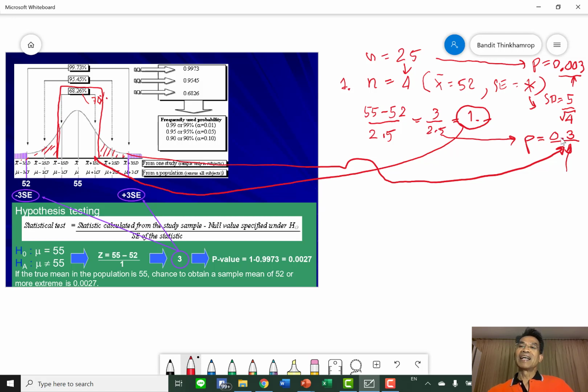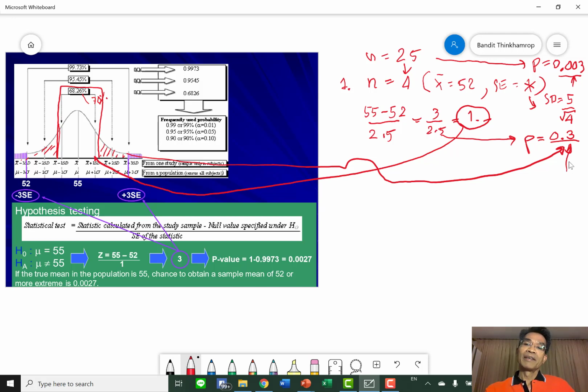It means there is a high probability of getting results like that with a sample size of 4. Non-significant doesn't mean there is no difference. It's the same 3 kilogram difference, but the probability of obtaining this is highly likely. Just that. But we cannot say it differs or does not differ.